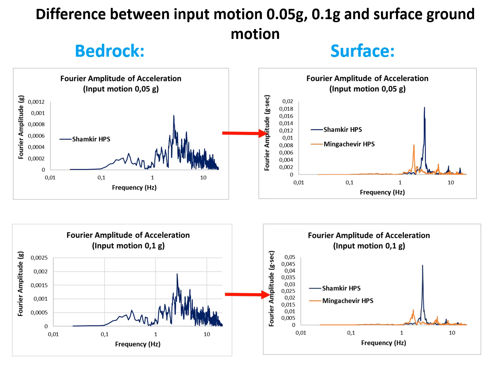On this slide, we also see the Fourier amplitude spectra of the bedrock and the surface, but at smaller input motion amplitudes of 0.05 g and 0.1 g. At smaller amplitudes, the amplification trend is the same.